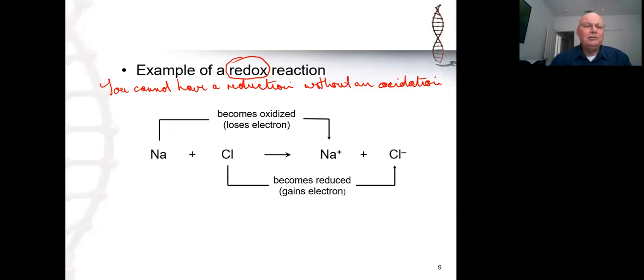Why is it an oxidizer? Because it's taking electrons away from something, and that results in that something being oxidized. So chlorine is described as an oxidizer.